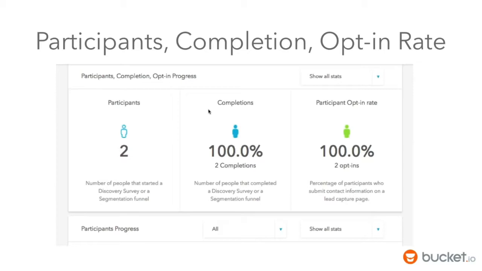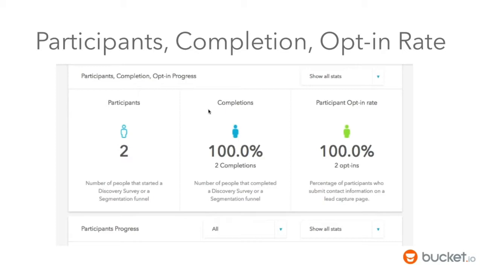So what we have here is just a little bit of an explanation. We have participants, completion, and opt-in rate. With participants, all this means is the number of people that started your survey or segmentation funnel, but then they just got distracted by, I don't know, Justin Bieber or something, and for some reason fell off and did not finish the survey.